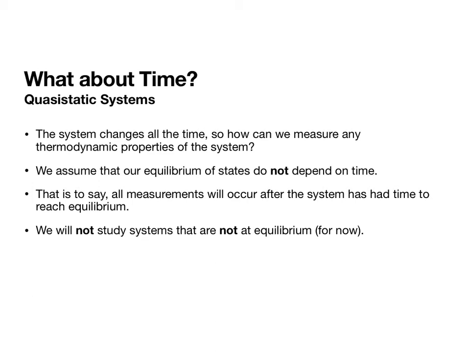So that means that all measurements are going to occur after the system has had time to reach equilibrium. And so this means that while the system can be changing, the properties that we are measuring are not. For now, we are not going to study systems unless they are at equilibrium.